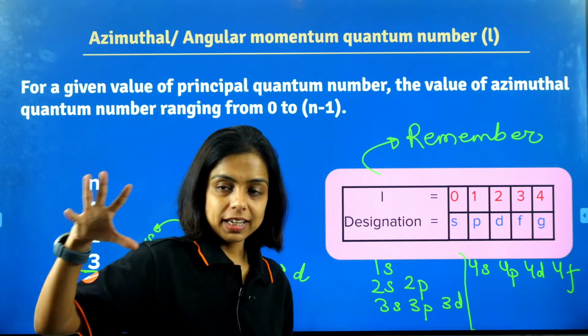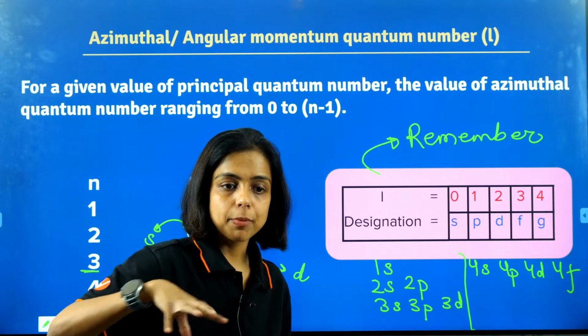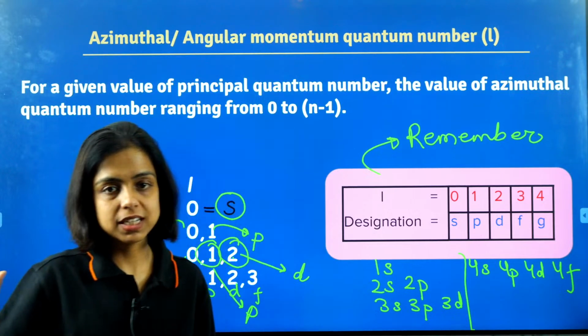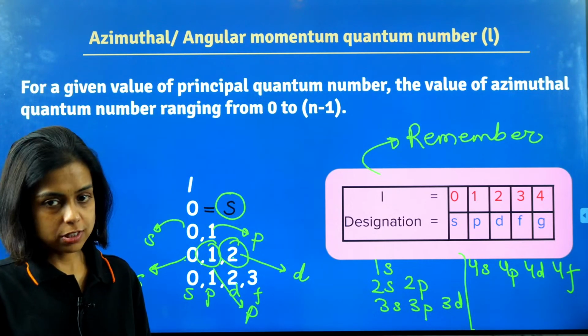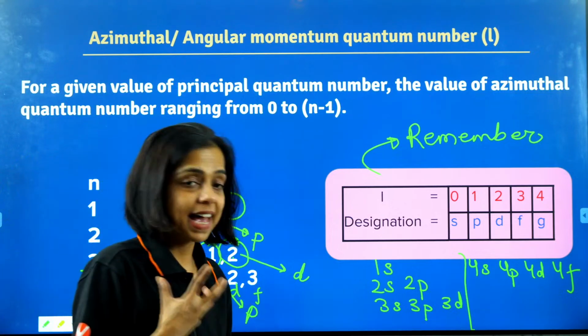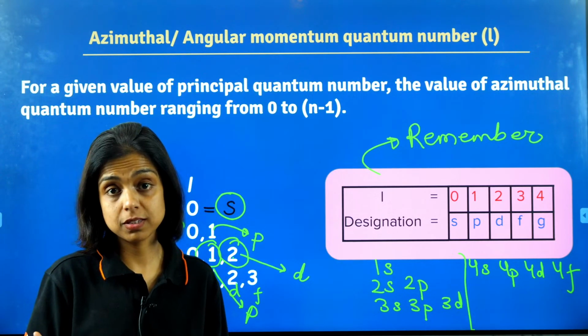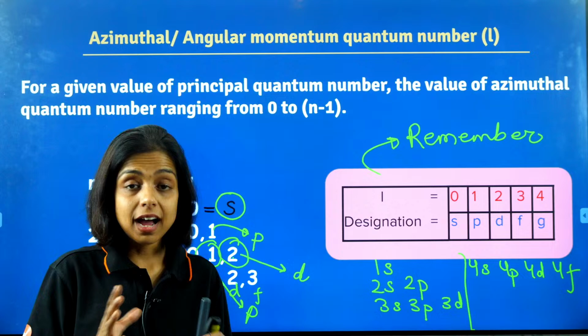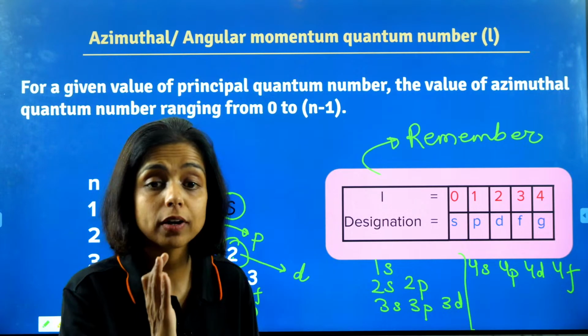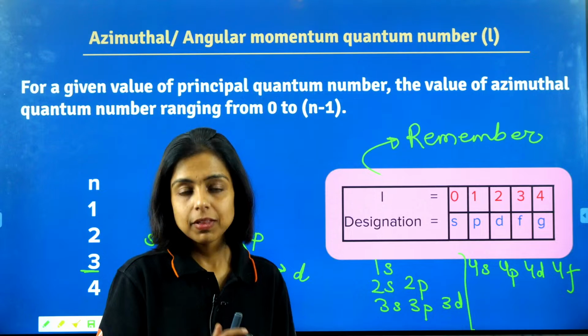Got it? So, in each shell, we have various numbers of subshells. Yes, S, P, D, F, G also, right? And these subshells have different shapes. They are the regions inside an atom where the probability of finding the electron is maximum.